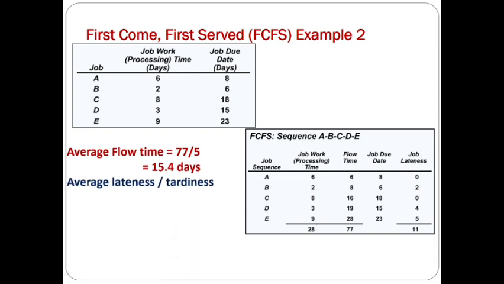And average lateness or mean tardiness is 11 by 5, which is 2.2 days. And the number of jobs delayed: 1, 2, 3. So 3 jobs.